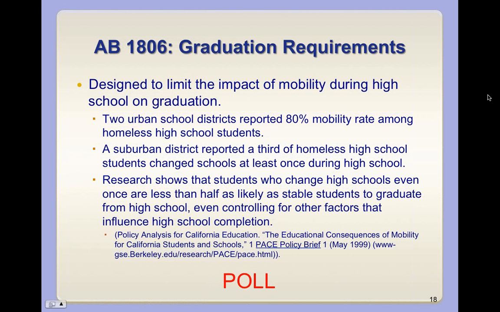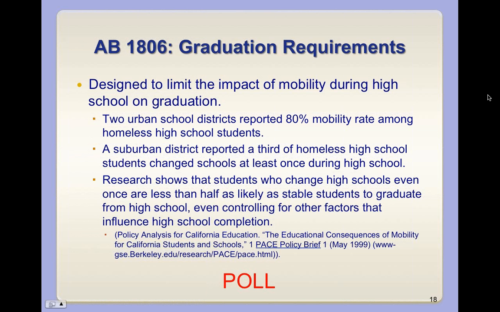So about a quarter of you are saying that you either worked with, or someone in your school or district worked with, a student who dropped out of high school because of a school transfer and different graduation requirements. I think that's really significant. And that's exactly what AB 1806 is intended to prevent, as well as not graduating on time and other negative consequences.